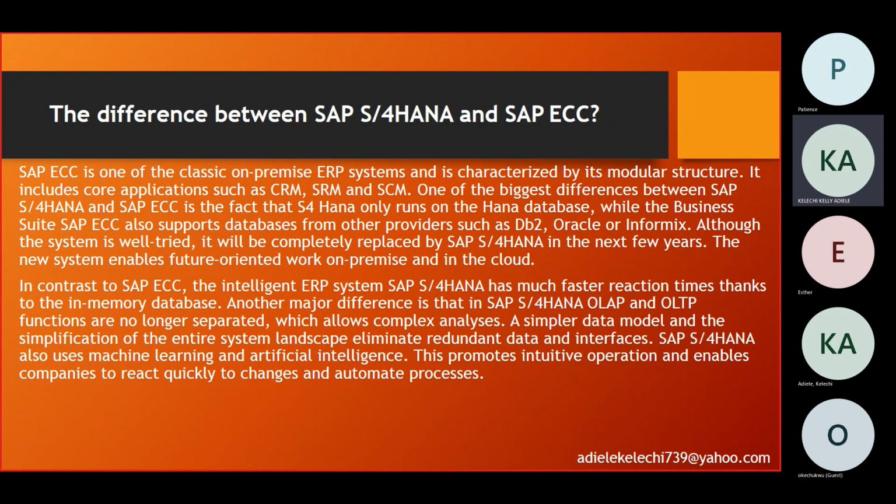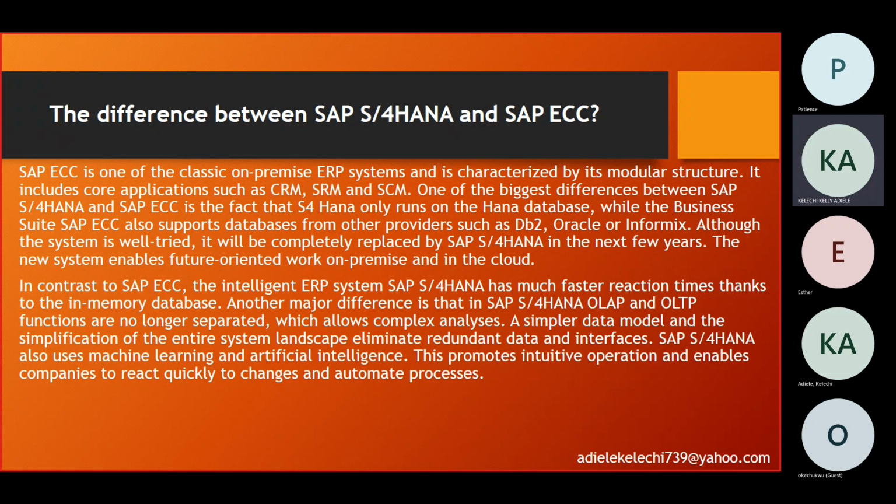In ECC, you have a lot of tables handling different transactions at the database end, but S4 scrapped a lot of those tables. You have everything in one view. We call it a single view, so you can view all your data in one spot. We call it the simplicity view and compactability views.